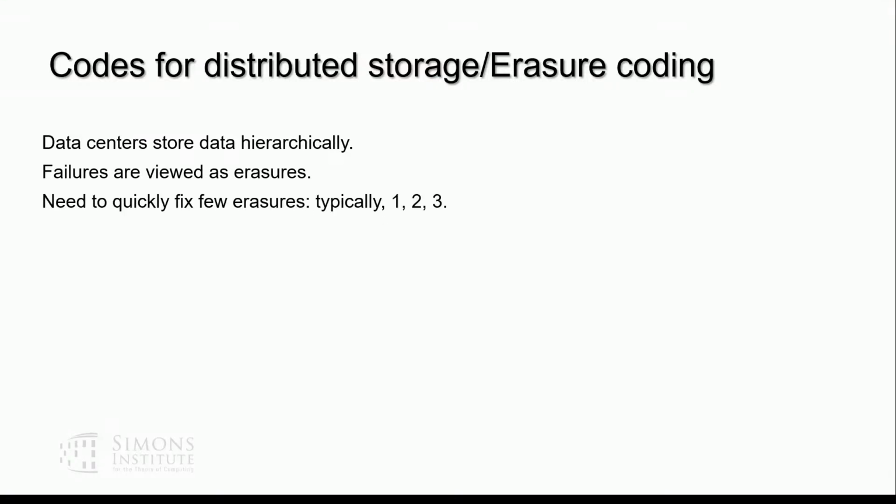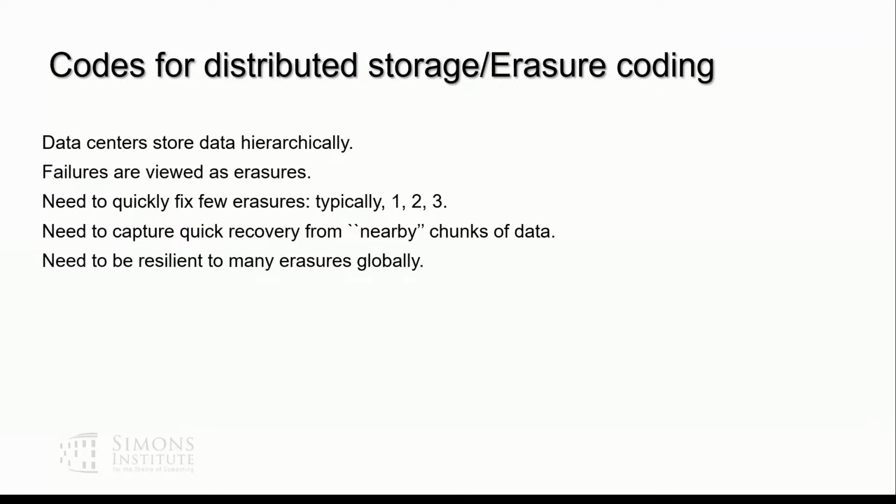Unlike the locally decodable setting, we don't care about asymptotically many erasures, but typically constantly many, like 1, 2, 3. It's a small number of erasures that we want to fix very quickly. We also need to capture recovery from nearby chunks of data, and we need to be resilient to many erasures globally. If something bad happens, like in that picture, globally, we still want to be able to recover.